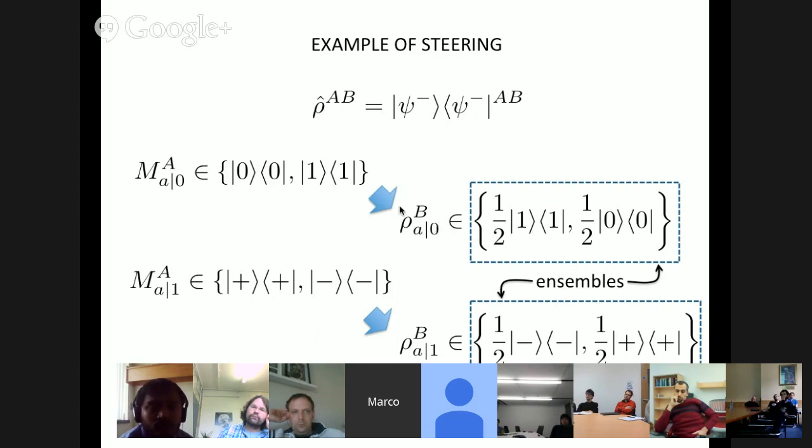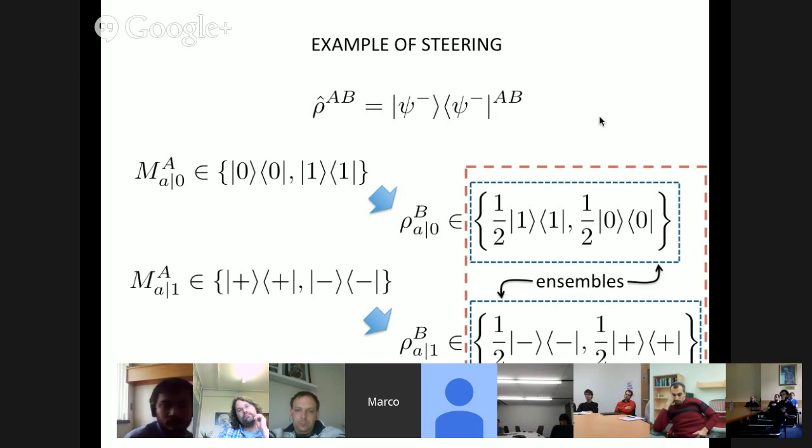The point is that Alice can realize very different ensembles thanks to the entanglement that exists between her and Bob. In the next slides, we will consider collections of ensembles because we want to check exactly how many, or how different, are the ensembles that Alice can induce on Bob's side. So let me introduce this notion of assemblage, which is just a collection of ensembles for the same reduced state of Bob.